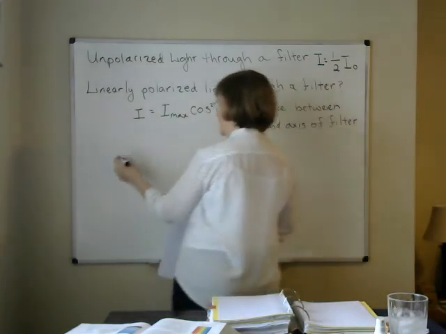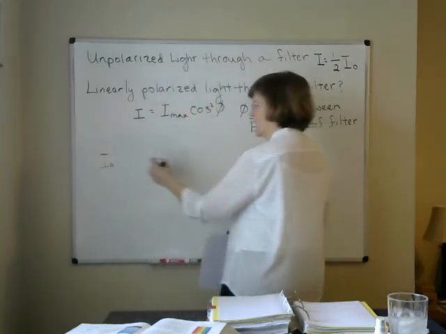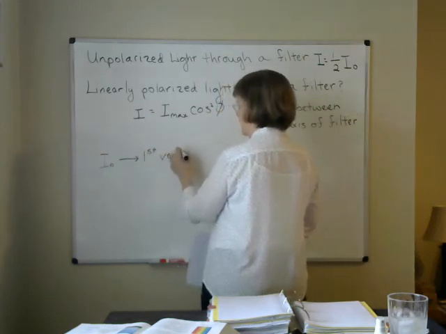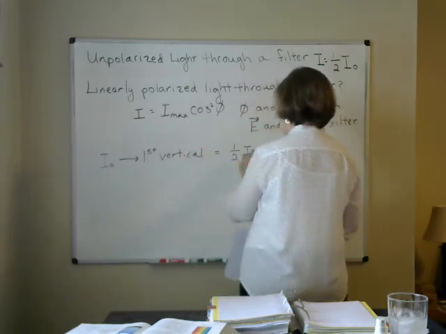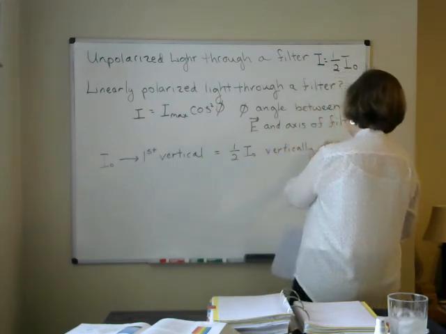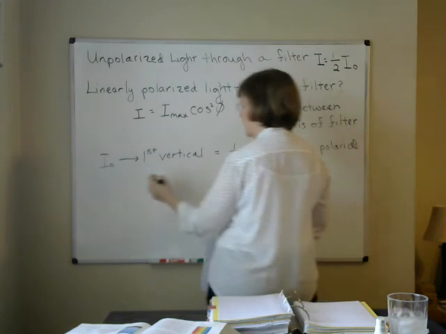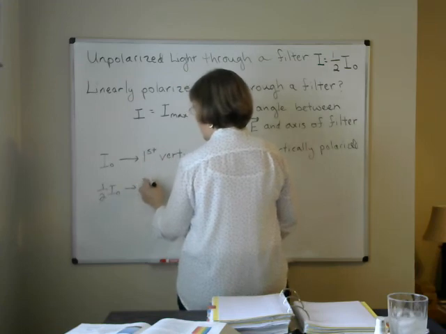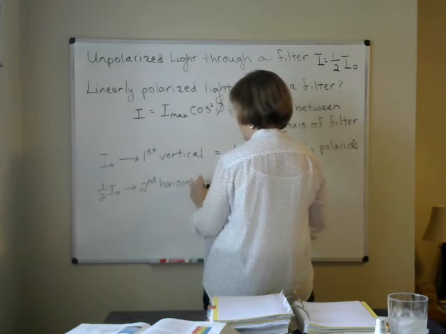Let's think about this. So I have I0, which is completely unpolarized. I go through the first filter, which is vertical, and I get 1/2 I0, and it's vertically polarized. If I take that and I put it through a second filter, so now I have 1/2 I0, and I have a second filter that is horizontal, well, let's use our formula.